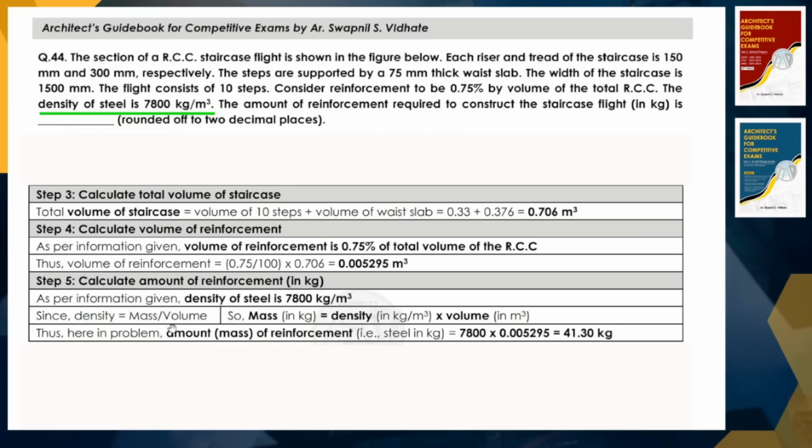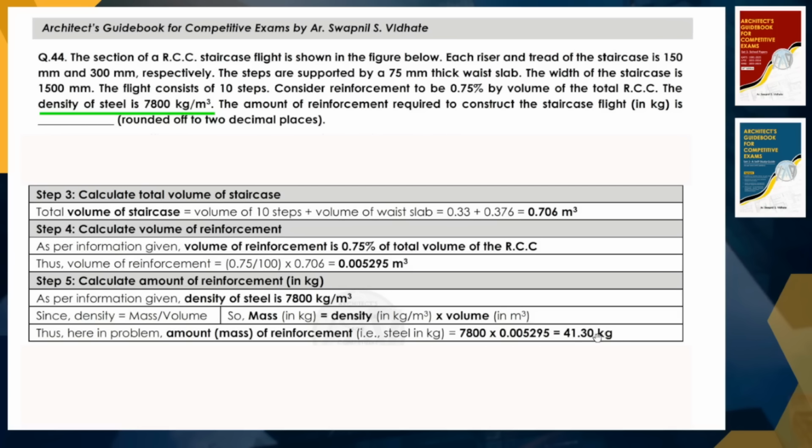So we need to just do the cross multiplication. We will calculate what will be the amount of reinforcement that is required for the volume of reinforcement, which is 0.005295. So by doing the cross multiplication of 7800 multiplied by 0.005295, we will get the figure as 41.30 kilo, right?